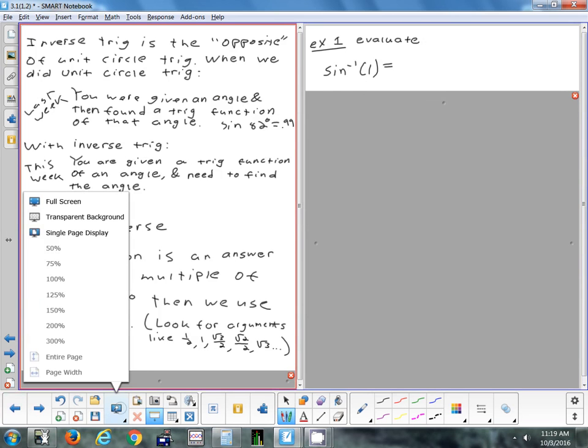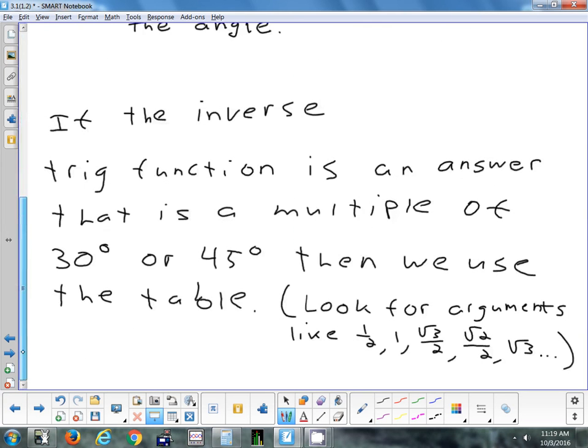But you might say, well, how do I know what the angle is going to be? Because that's the question I'm going to ask you. I'm going to ask you, what is the angle? So it's almost like saying you need to know the answer to the question before you figure it out.